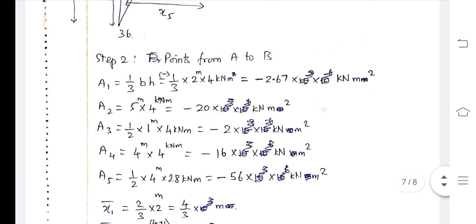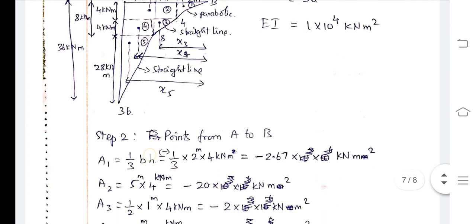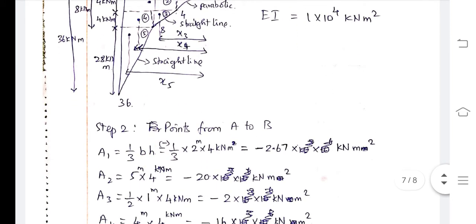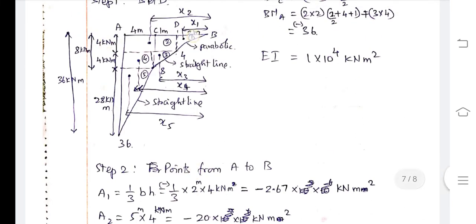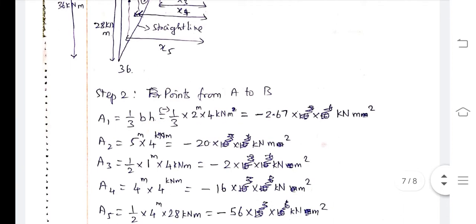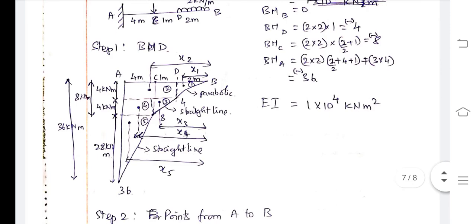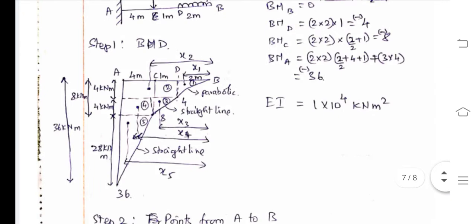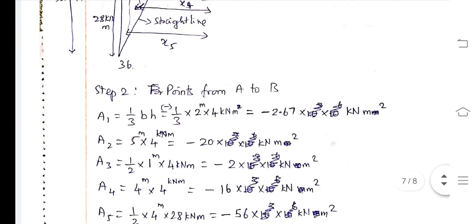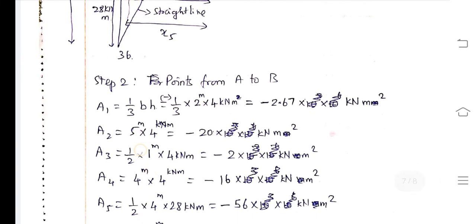So A1 is a parabolic triangle, so it is 1 by 3 into base into height, 1 by 3 into 2 into 4. You can see that the height is 4 and the base is 2. Then area 2 is a rectangle, so it is 4 plus 1, 5, and then the height is 4, so it is a rectangle 5 into 4.